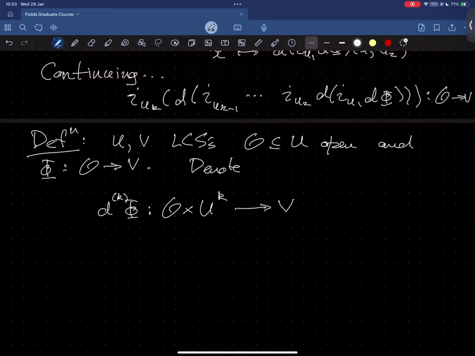And so what does this do? This sends X, U1 up to UK into this thing.